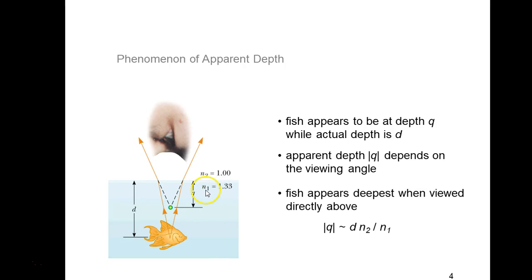Because 1.33 is like 4/3. So the apparent depth, the image distance, is about 3/4 of the actual object distance. So if you're looking down and the actual depth of the pool is 10 feet, it'll appear that it's about 7.5 feet, okay, instead of the actual 10 feet.